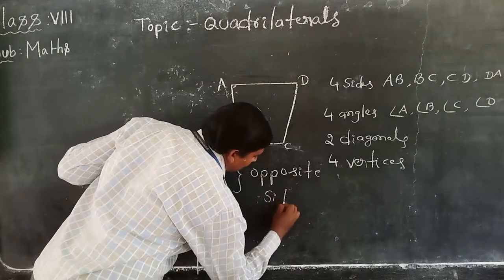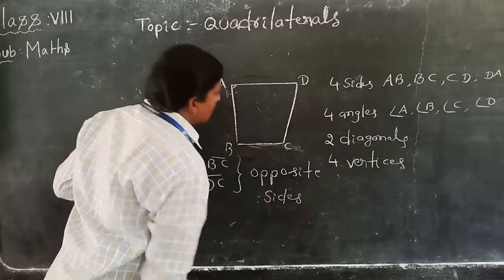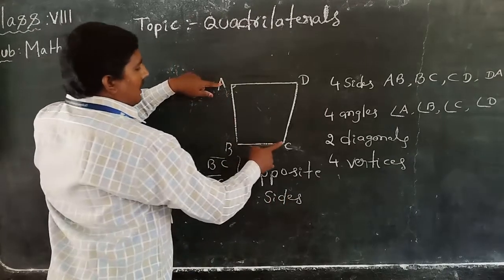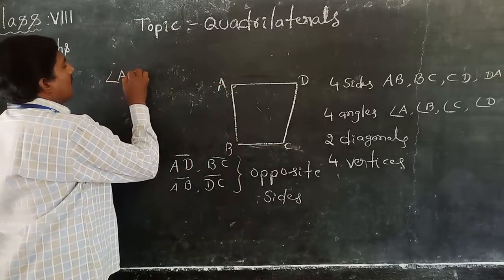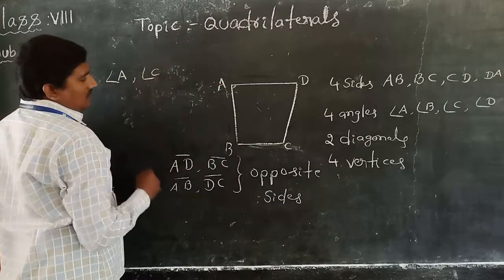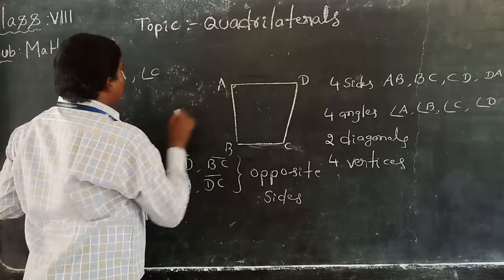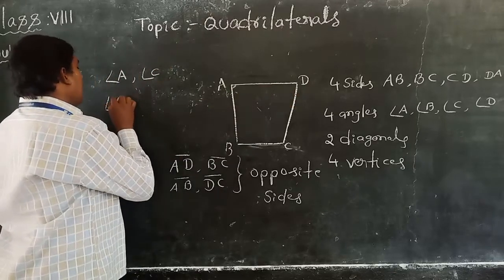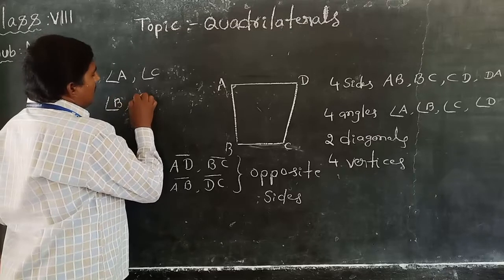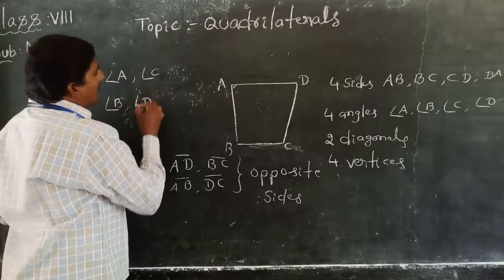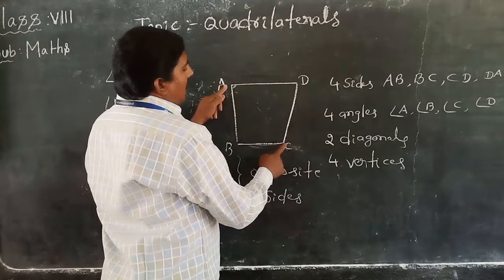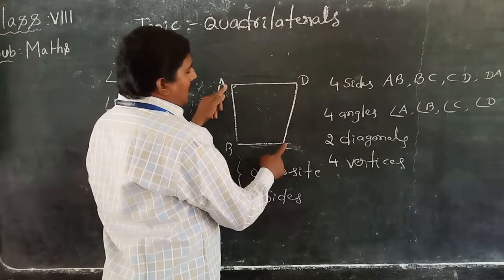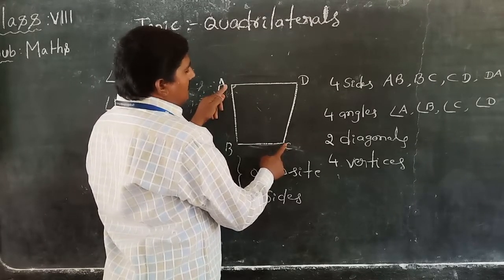What about angles? Angle A and angle C, and angle B and angle D. These two angles don't have a common side.